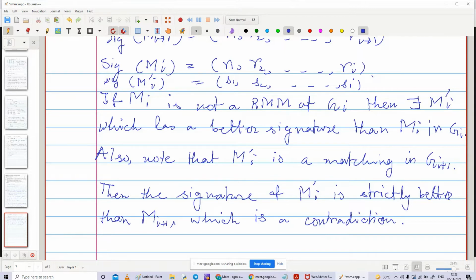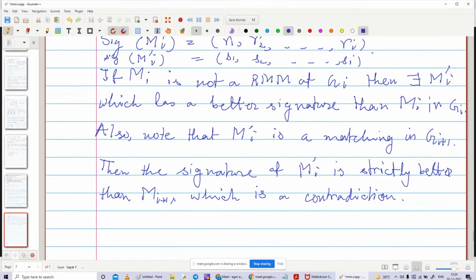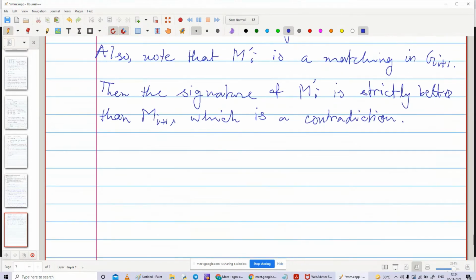Now M prime i is a matching in Gi plus 1, because Gi plus 1 is a supergraph of Gi, and then M prime i will have a better signature than Mi plus 1, which is a contradiction, because Mi plus 1 is a rank maximal matching that we have assumed. So from here we can say that Mi is a rank maximal matching of Gi.